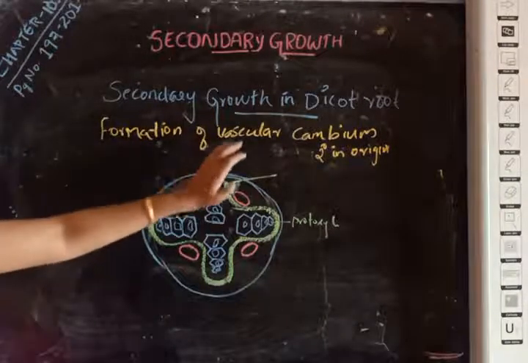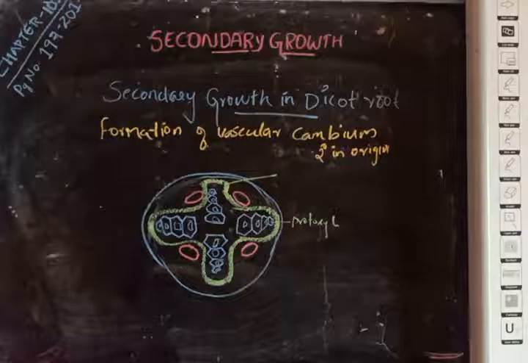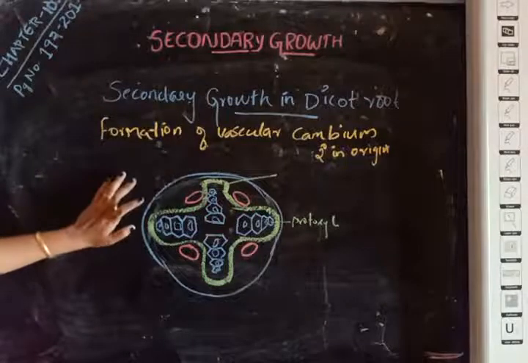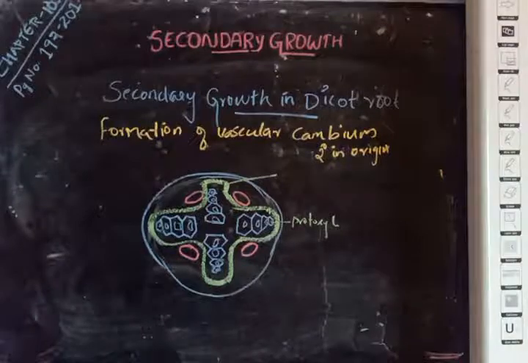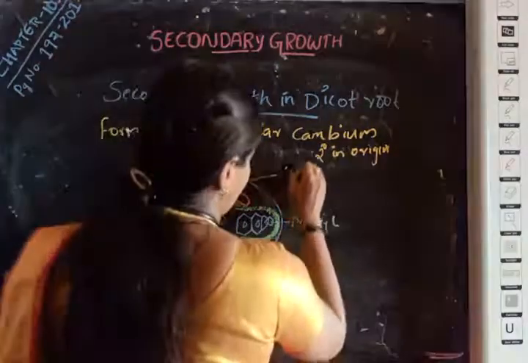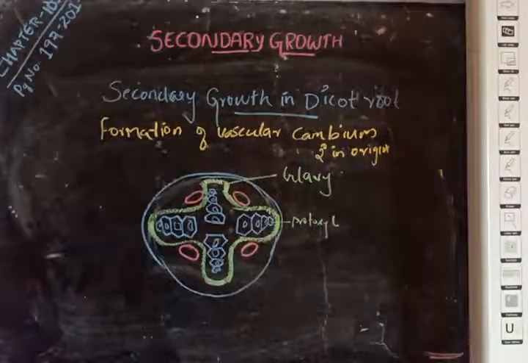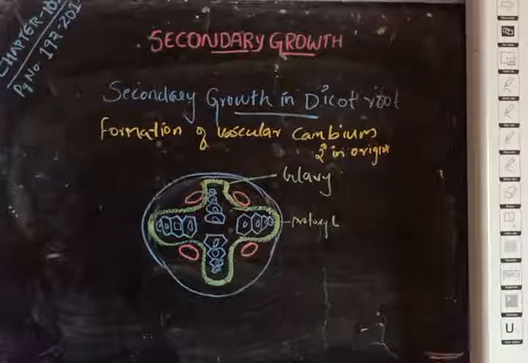In the secondary growth in dicot stem, the ring is round in shape, whereas in the secondary growth in dicot root, it is initially wavy in nature, but gradually it becomes circular.